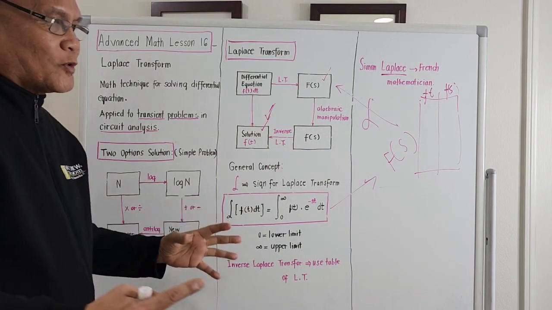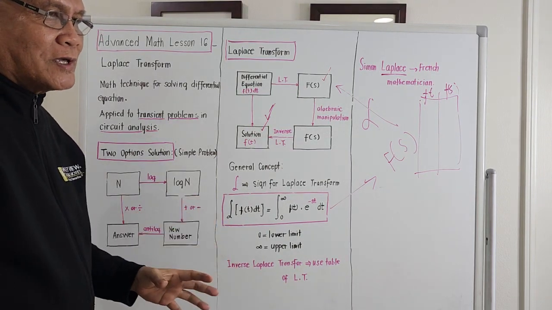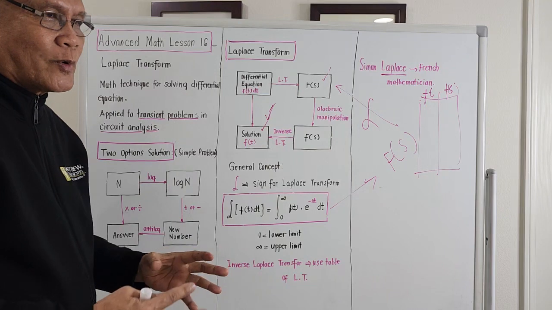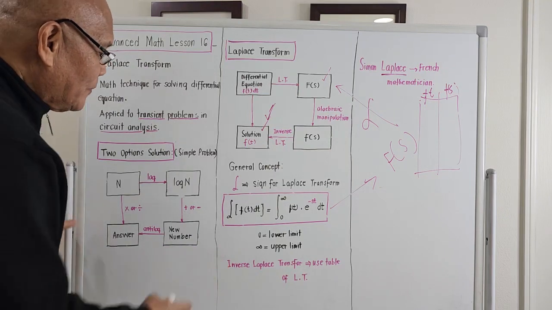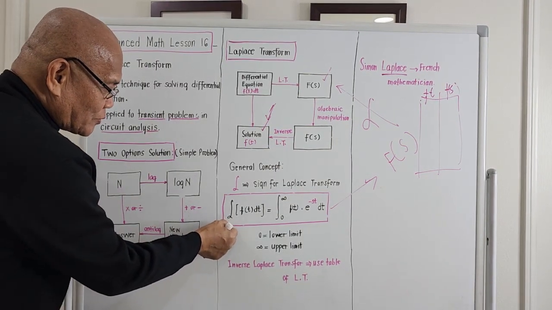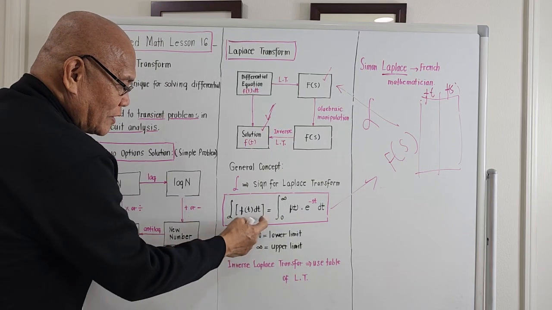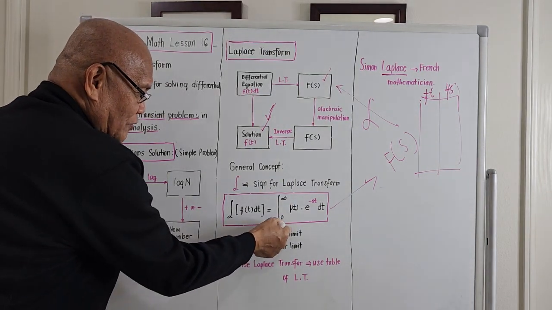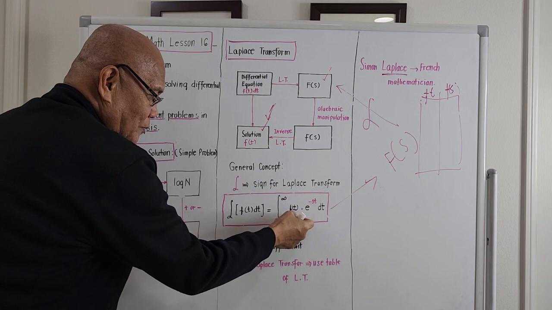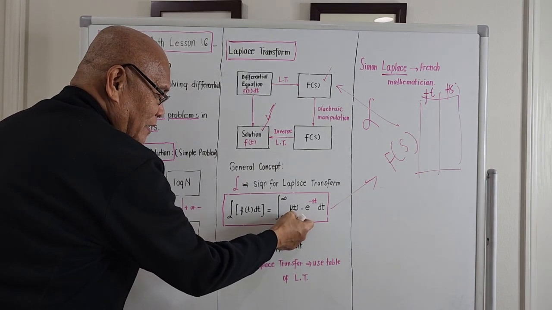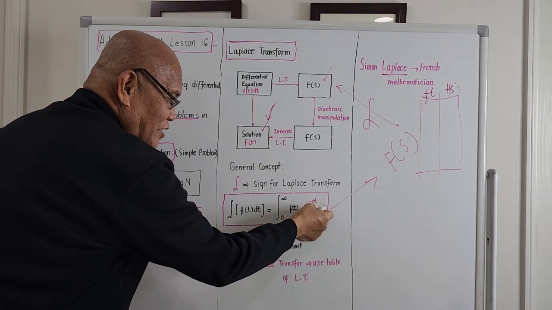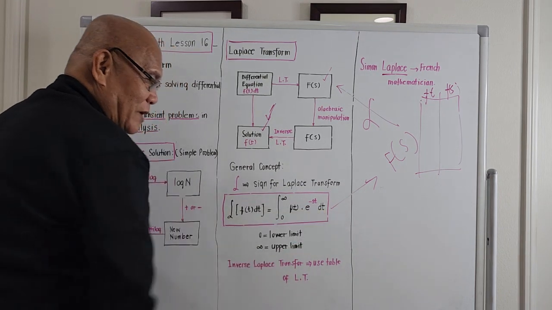And the general formula on how to take the Laplace transform of any function of t dt: the Laplace transform of function of t dt should be equal to the integral from 0 to infinity of that given function of t, times e raised to minus st, times the differential of time.